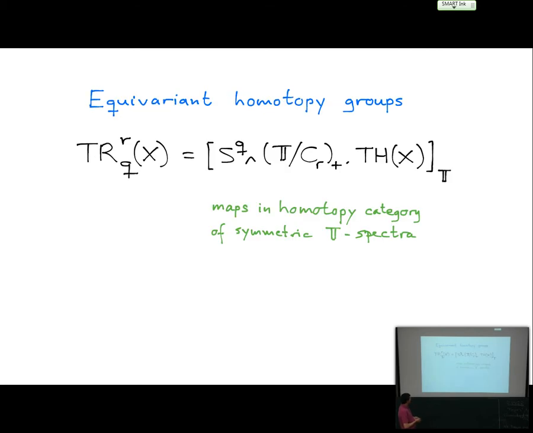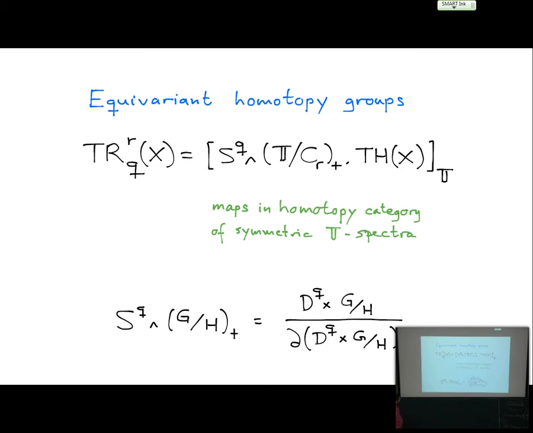So the natural thing to consider is not homotopy groups, but equivariant homotopy groups. And these are also maps in the homotopy category from this smash product to TH of X. So why is this the appropriate thing to consider? Well, in ordinary homotopy theory, every weak homotopy type can be obtained by gluing cells, so gluing disks onto each other.